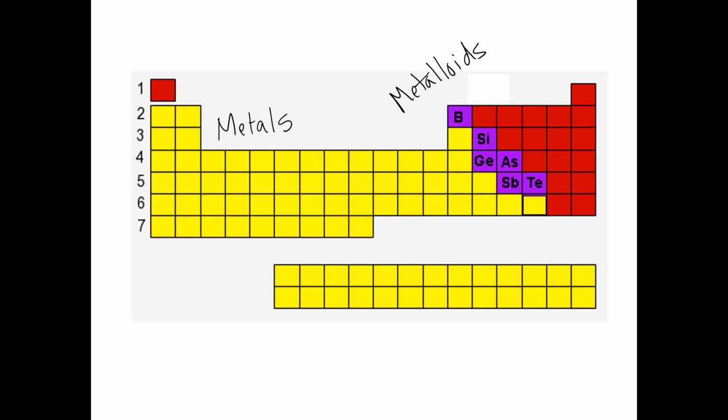And then my red ones are my non-metals, including hydrogen. Hydrogen is also a non-metal. So go ahead and pause the video and color in your periodic table. We're going to break down what the properties of each of these categories are in a little while.